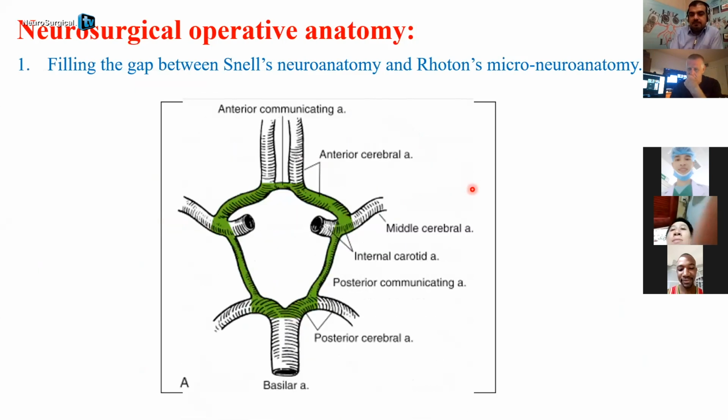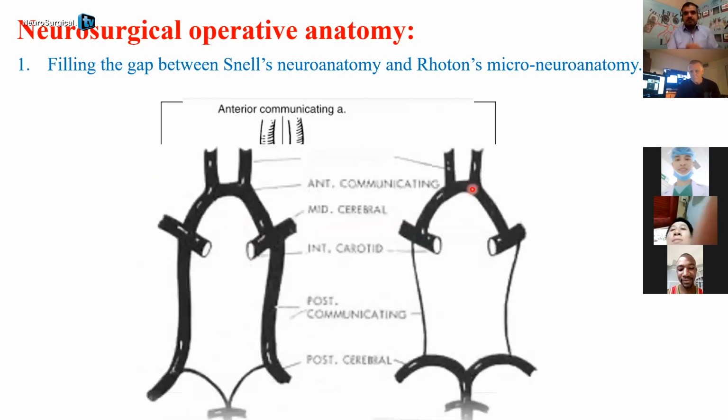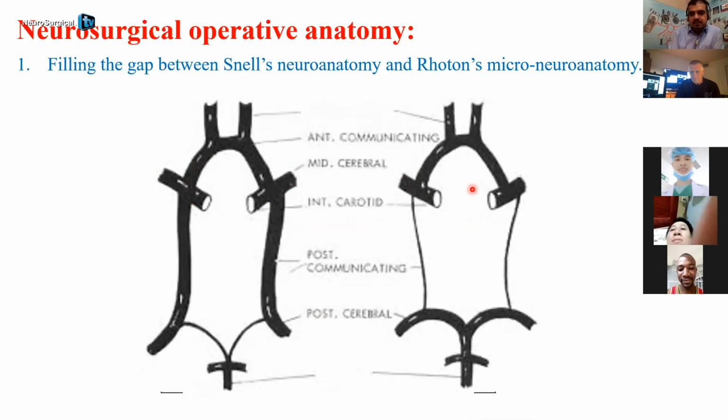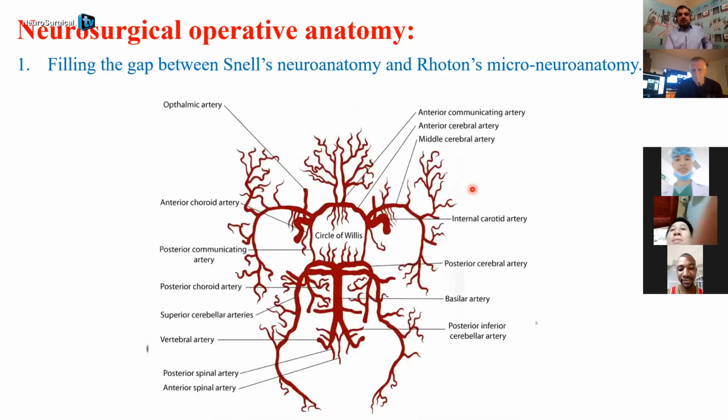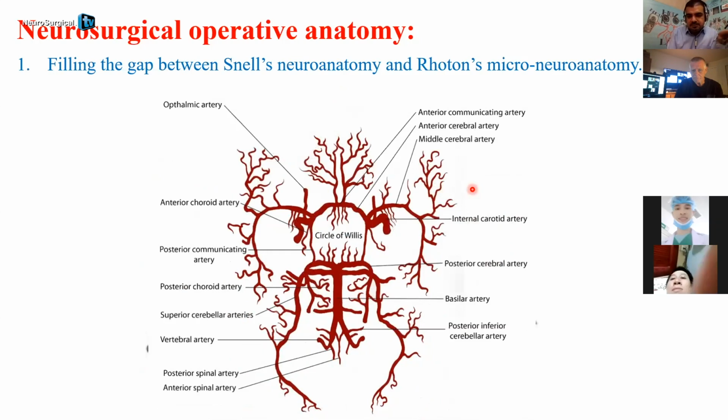Also, I should tell you about other examples that are fake or not real neurosurgical illustrations, like this one of the circle of Willis, or maybe this one showing the aneurysm. It's nice, with jokes, but it's not a neurosurgical illustration. Maybe this one is good, but what's the benefit of studying many extra branches which are not the main branches?